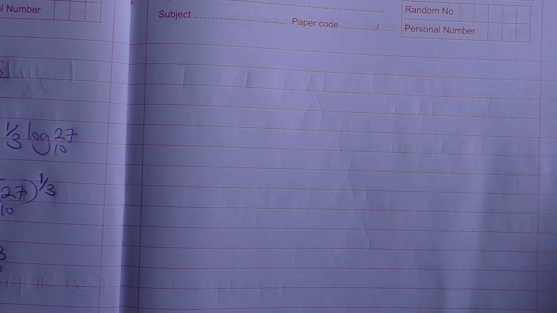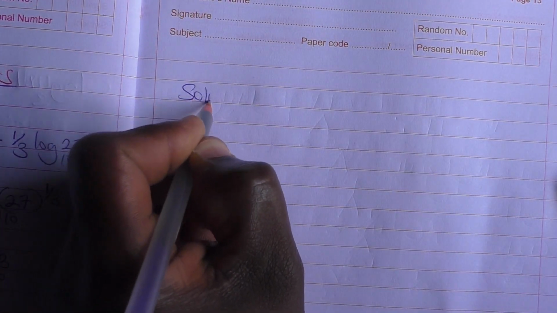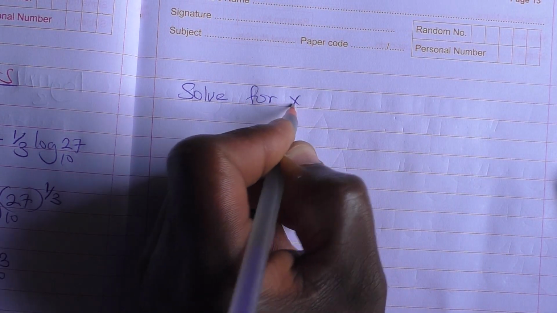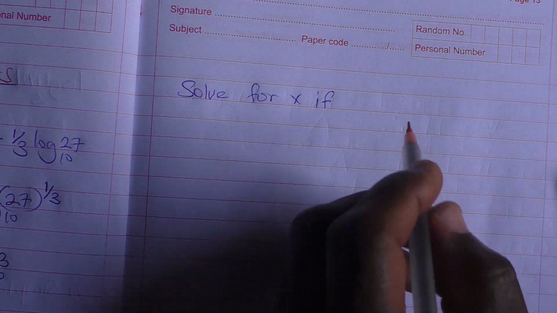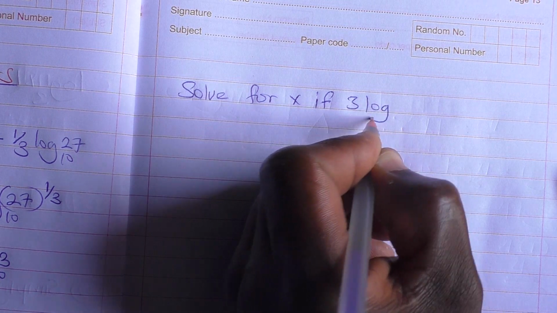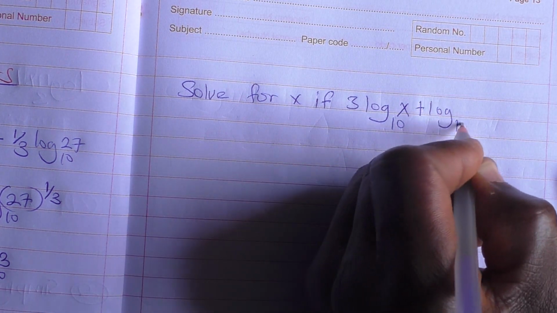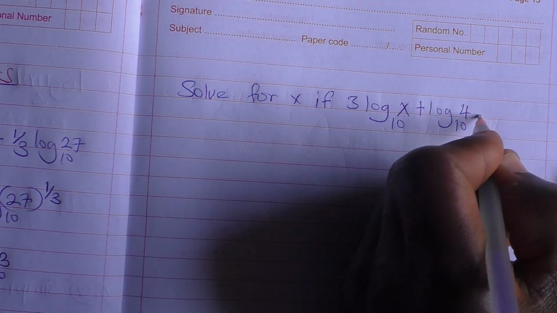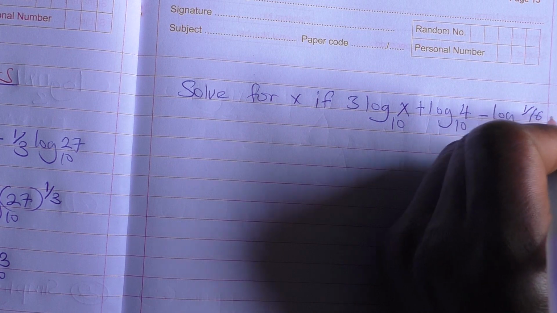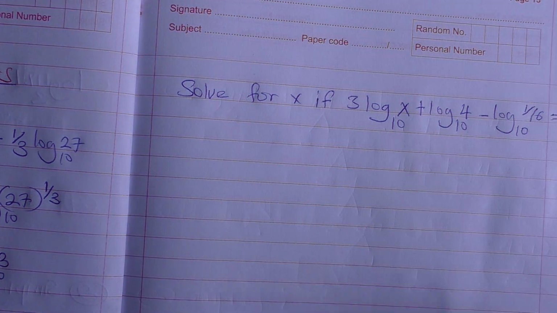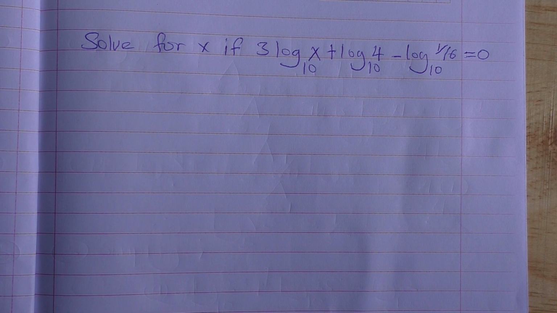The second example says solve for x if 3 log 10x plus log 10 power 4 minus log 10 power 1 over 16 equals 0.